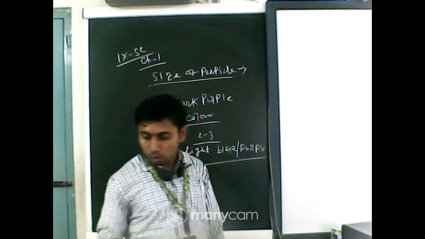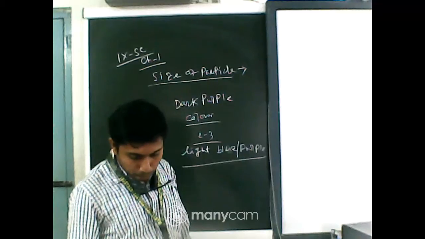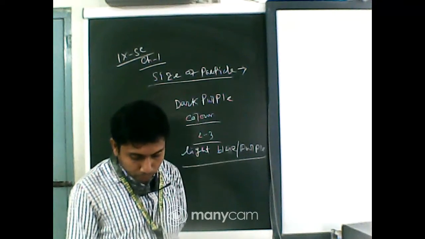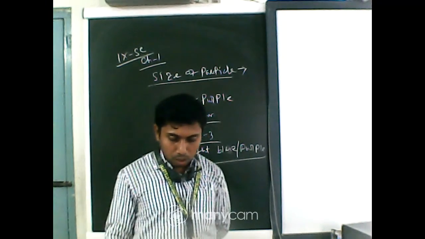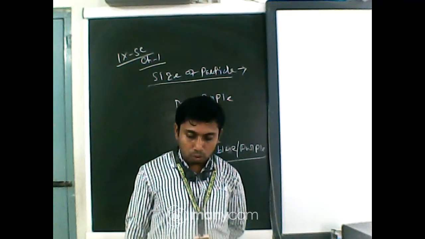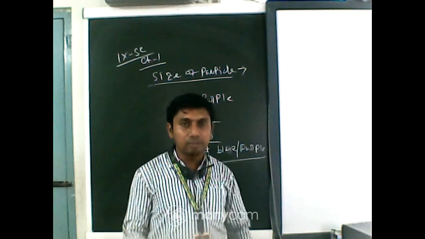Now look at page number 2, figure 1.2, estimating how small the particles of matter are. With every dilution, though the color becomes lighter, it is still visible.